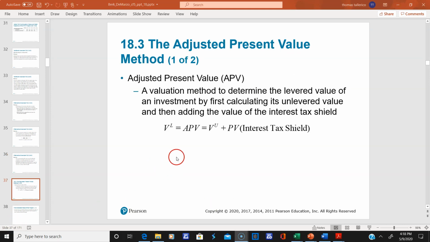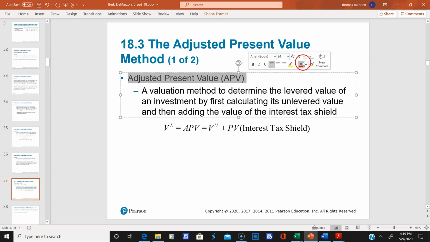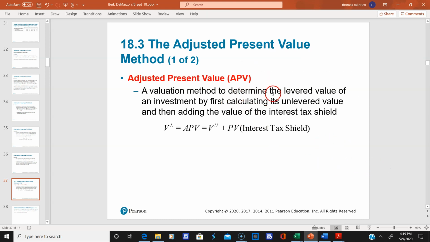All right, so now we look at method number 2 to do valuation. This is called the adjusted present value method, and it differs from the weighted average cost of capital method. It's used to determine the levered value of an investment, but first we have to calculate its unlevered value.